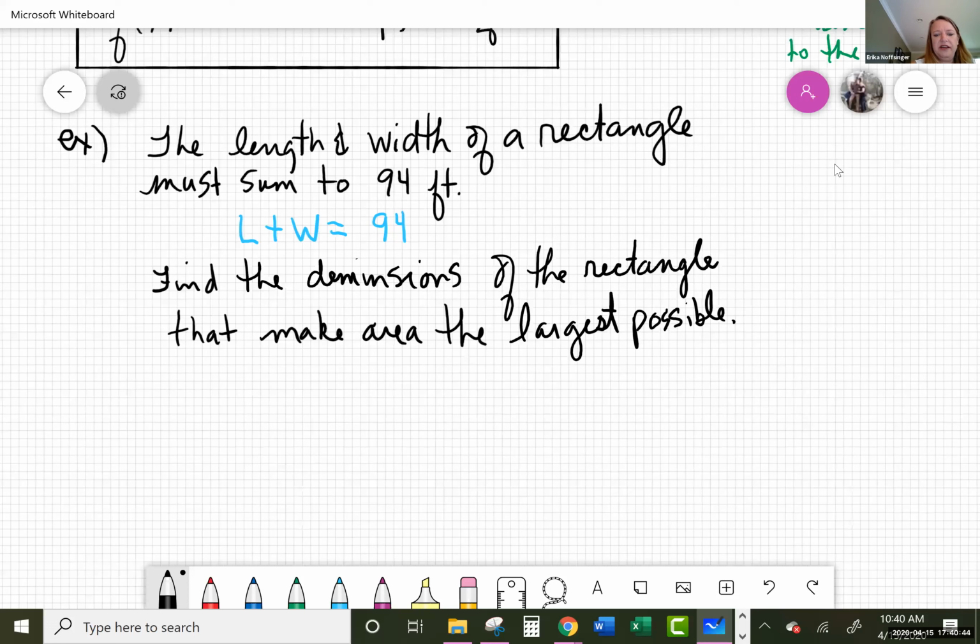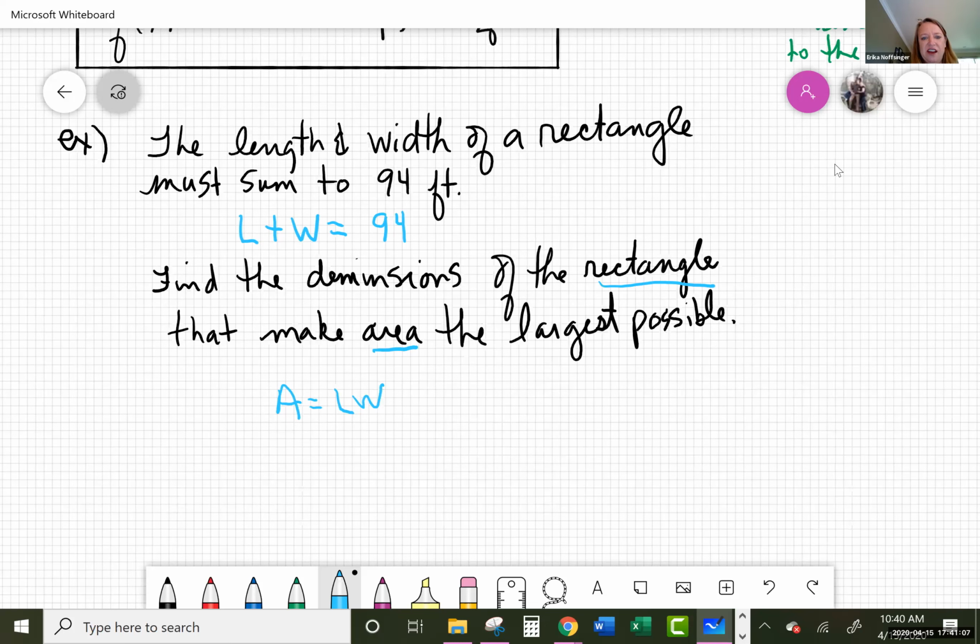Okay, so it's asking about area. Think to yourself, what do you know about an area of a rectangle? Well, area of a rectangle is just the length times the width.